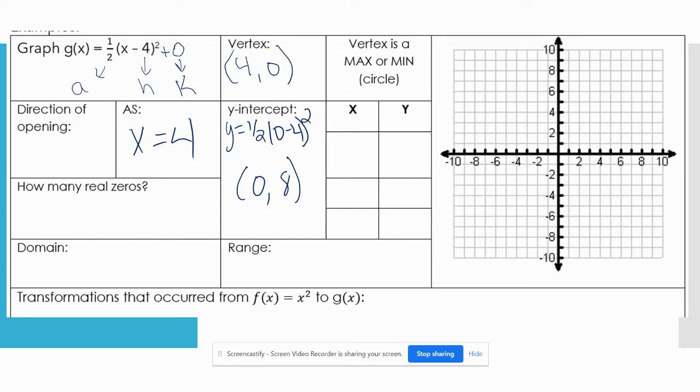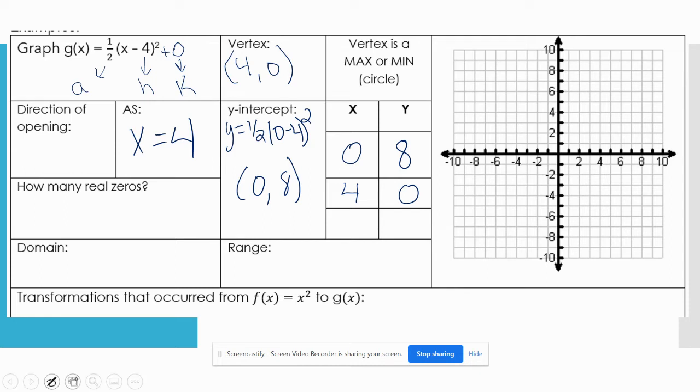And so I'm going to put my vertex here in the middle. Then I'm also going to put my y-intercept. Remember, we can use our axis of symmetry like we did back in section 8.3 to help us with a third point.